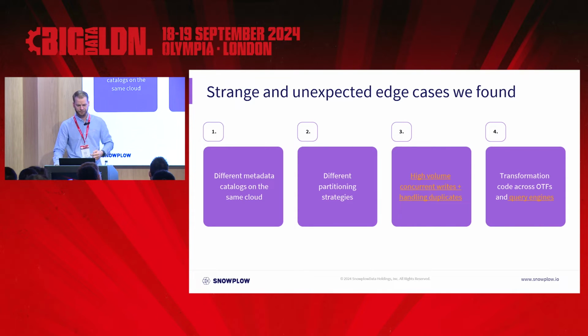I can't show the links, but point 3: high volume concurrent writes and handling duplicates. Whilst the open table formats do provide ACID transactions, what we noticed when we were running multiple parallel writers into Delta was that the Delta engine was having to do an entire scan of the entire metadata commit log every time it committed something.